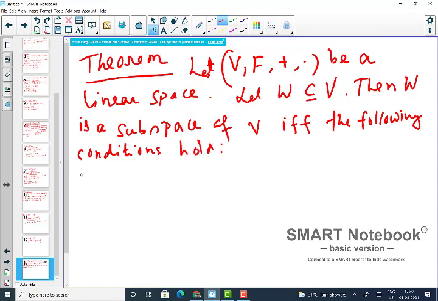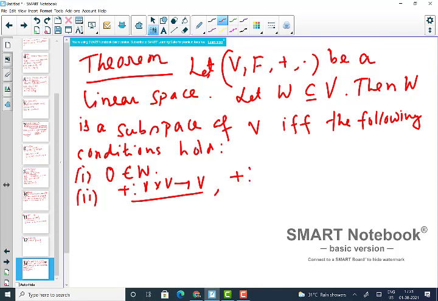What are the conditions? Condition 1 is that the zero vector of V should also be an element of W. Condition 2 is that W is closed under addition. What does that mean? We have the addition map from V cross V to V, right? If we restrict that map to W, it will be a map from W cross W, but the image may not be in W in general.